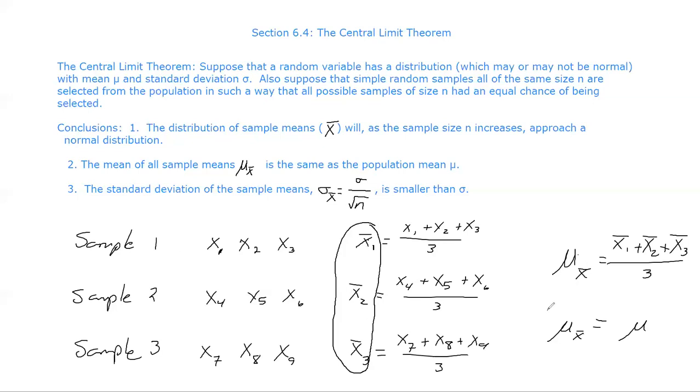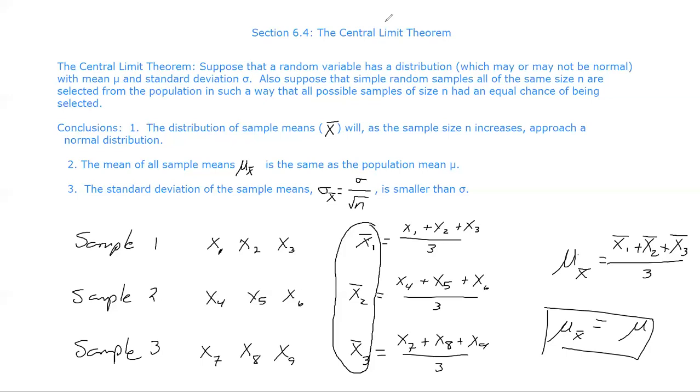But this right here is the main thing you need to remember, that the mean of the sample means is just the same as the mean of the population you started with. Now, that seems like a long-winded way of saying just use the mean that you start with in the problem, but this is why we can say that is true.